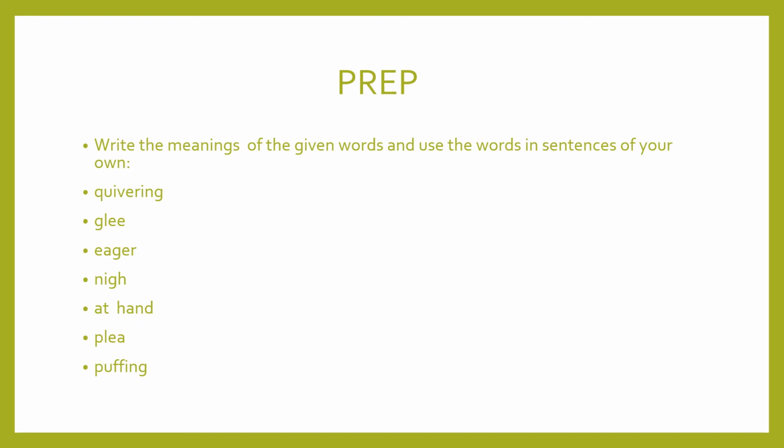First, you will take the first word, quivering, which I told you means shaking slightly. After you write the meaning, in the very next line you will make a sentence of your own. Then after you have written the meaning as well as made a sentence of your own, you are going to leave a line and then write the second word, its meaning and its sentence.